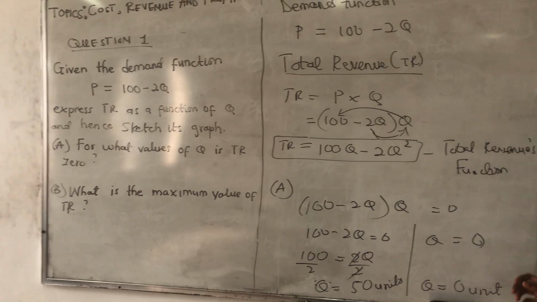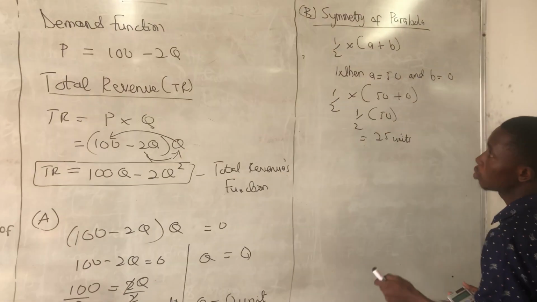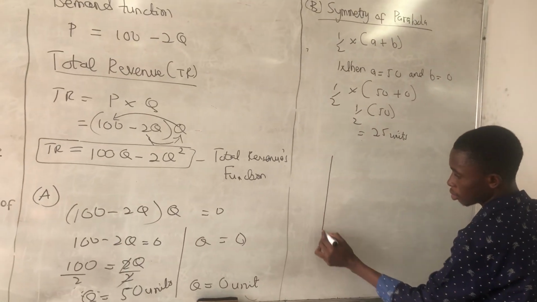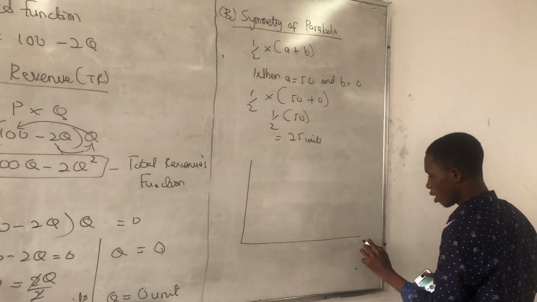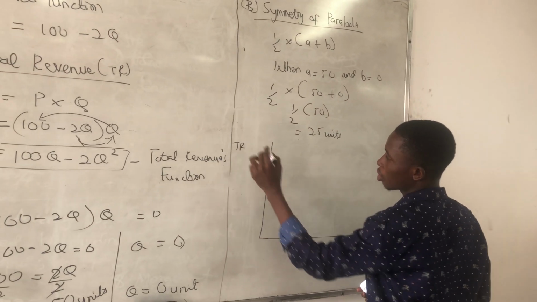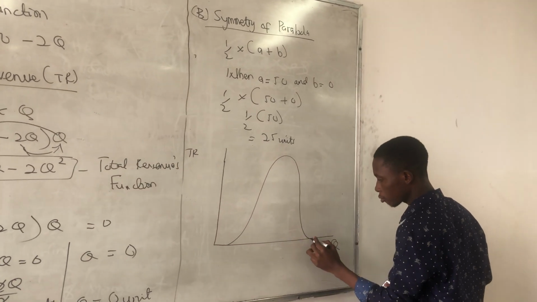Before we find the maximum value of total revenue, we have our curve this way: quantity on one axis and total revenue on the other.